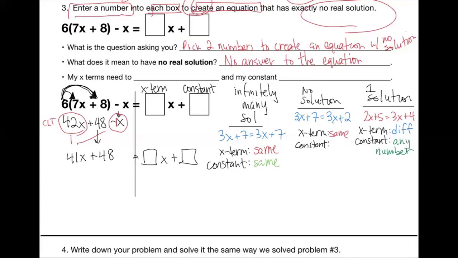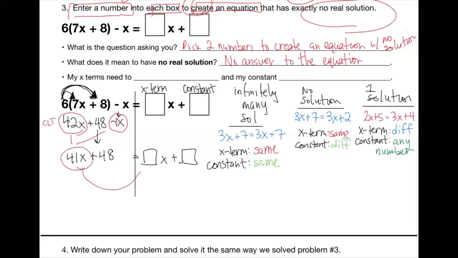So my x term needs to be the same. And for a no solution, let me look at my constants, 2 and 7. They need to be different numbers. So if I want to create a no solution equation, I need to put the same number.